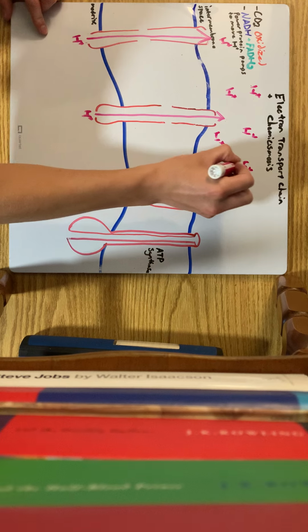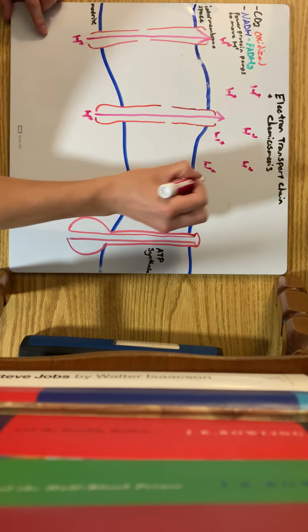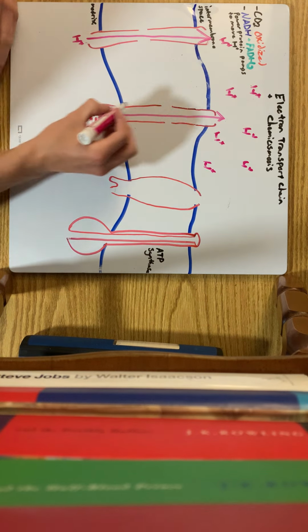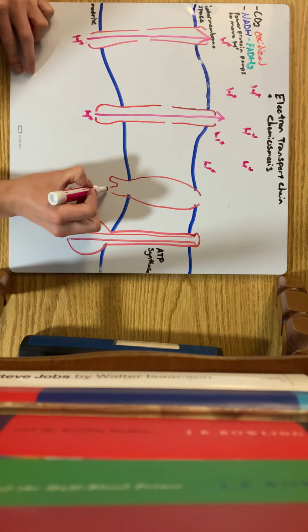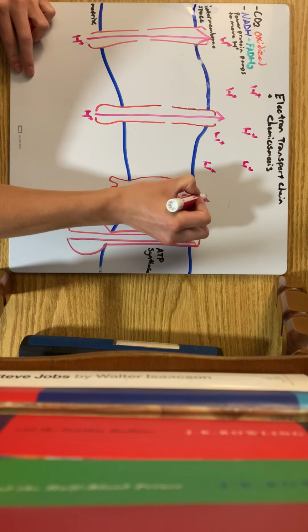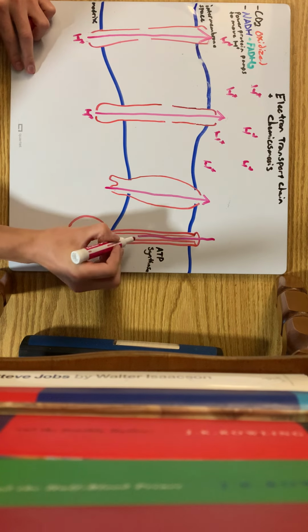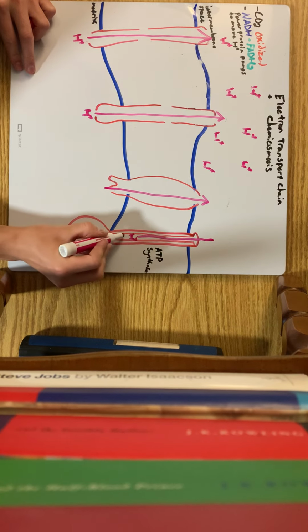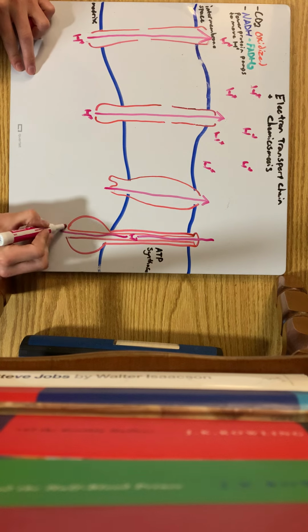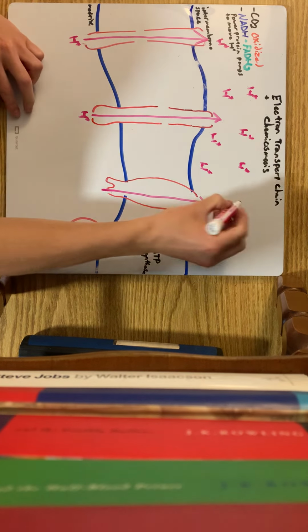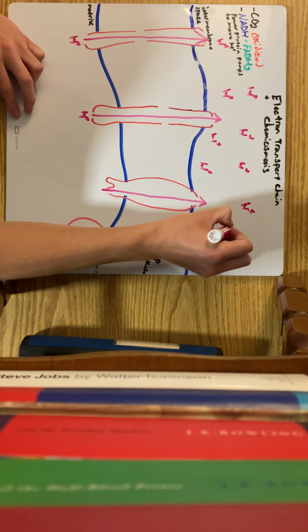It's important to remember that this is constantly happening. So there's always a movement up of hydrogen ions, but at the same time, we'll see later, there's also a movement down of hydrogen.